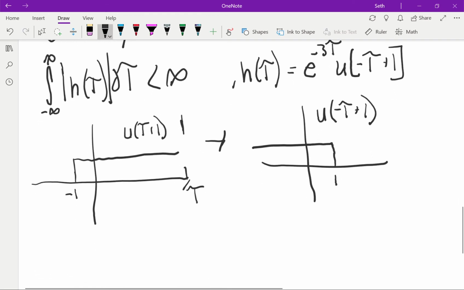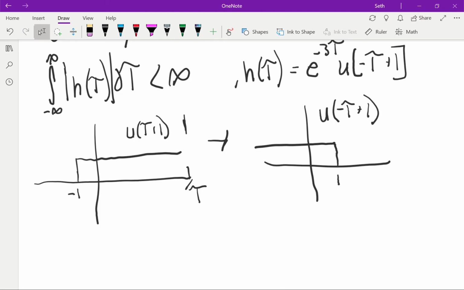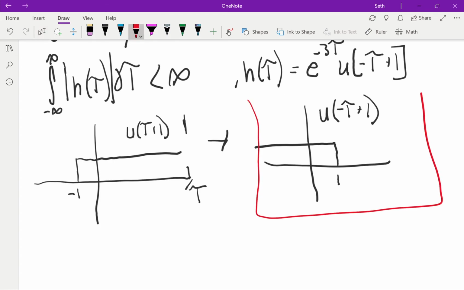So now we can see this is our final graph. We can see that this integral is going to be non-zero for only values less than 1.